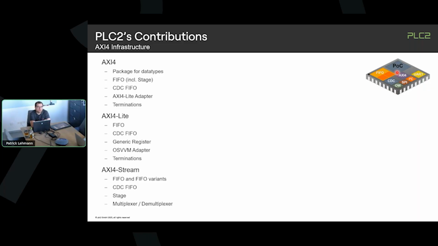Another upcoming part that we are currently discussing internally to release is multiplexers and demultiplexers for the AXI4 Lite and AXI4 infrastructure, so to get these two protocols in parity with AXI4 Stream for address multiplexing.